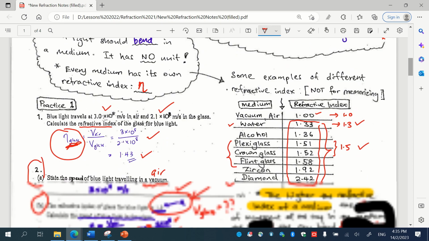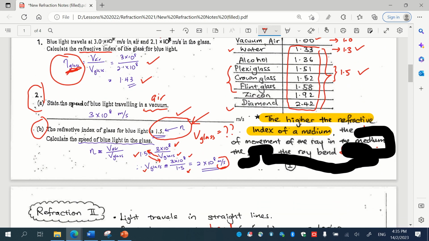So what does it mean? If I look at this list here, the refractive index increases as it goes down, diamond being the highest. I have a statement written below here that indicates the relationship. The higher the refractive index of the medium, like 1.3 to 2.42, the higher the refractive index, you know what it means to the speed of light traveling in the medium?